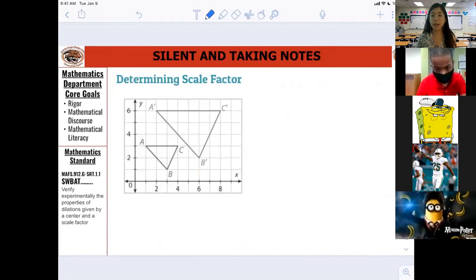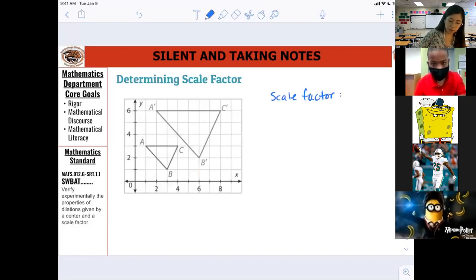All right. So determining scale factor, we kind of did this before when we were writing down what a dilation is, but we also have to be able to do this on a coordinate plane, and sometimes that involves doing the distance formula. So Rios, your favorite time of day. When you're trying to determine the scale factor, remember that the scale factor is always going to be the image in the numerator.